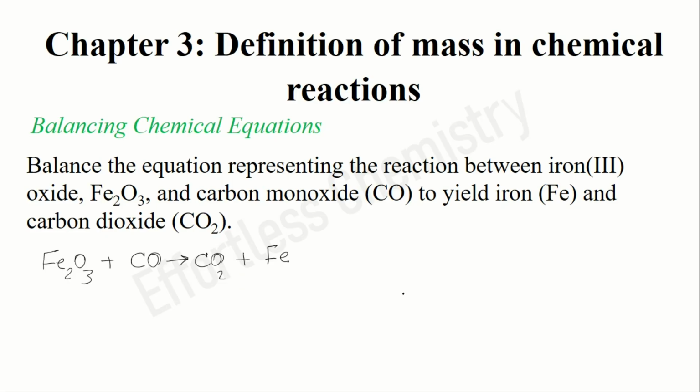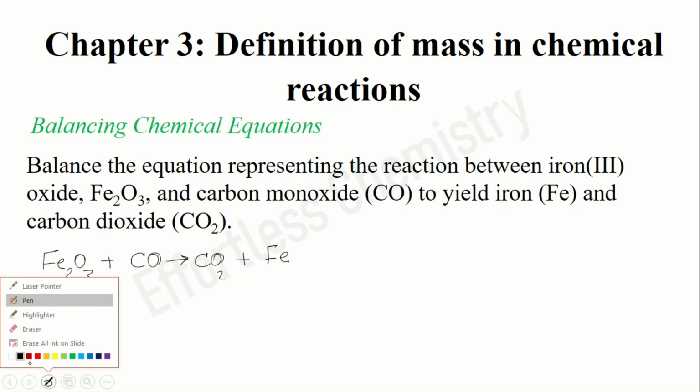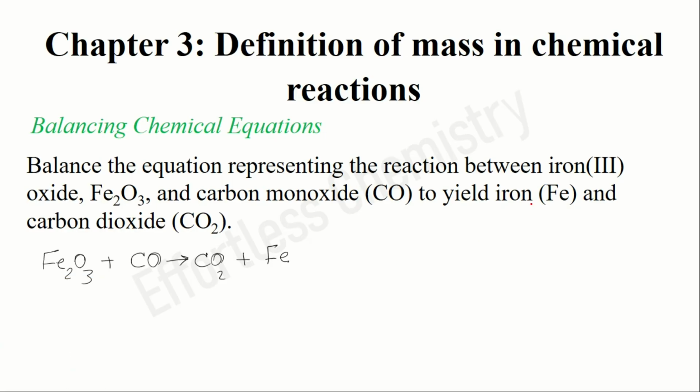Now I prefer to write all the elements that I have from left to right. Let's do this: iron, oxygen, and carbon. Now here on the right, iron, oxygen, and carbon. On the left side we have 2 iron, and on the right side 1, so it's not balanced.